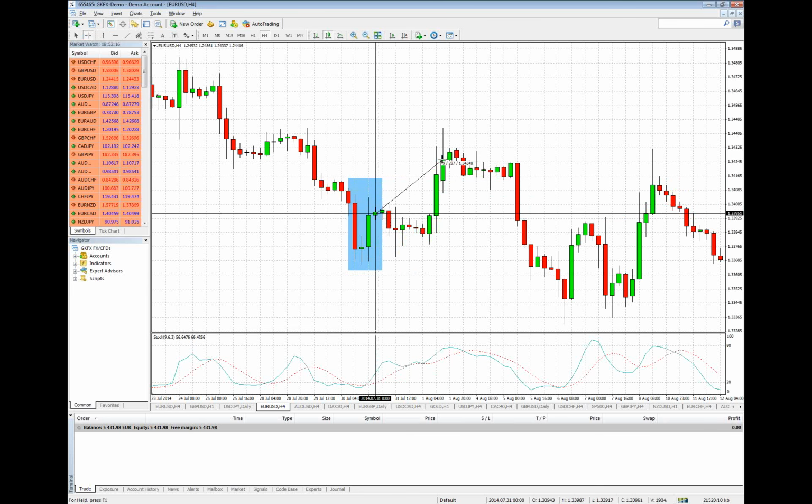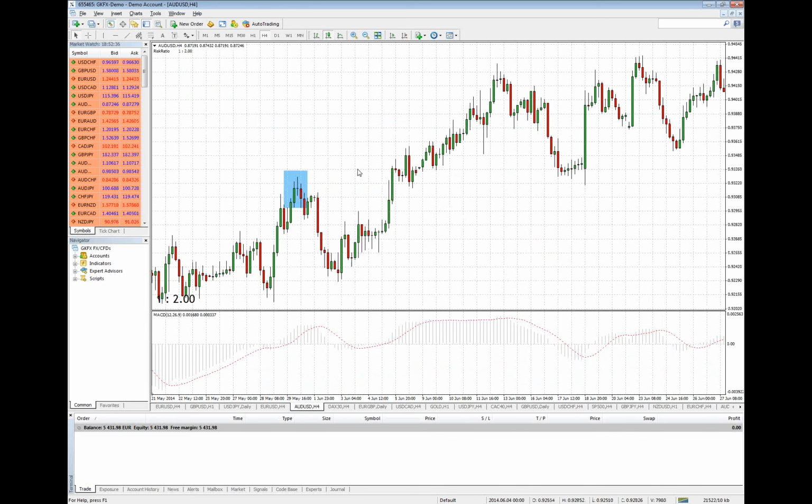Just after the pattern, we gained 48 pips. So on EUR/USD for one lot, it represents around $500. Okay, $480.